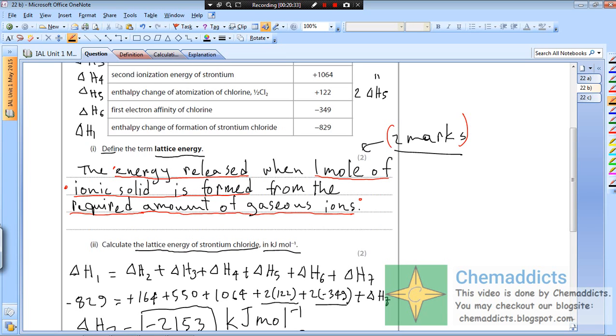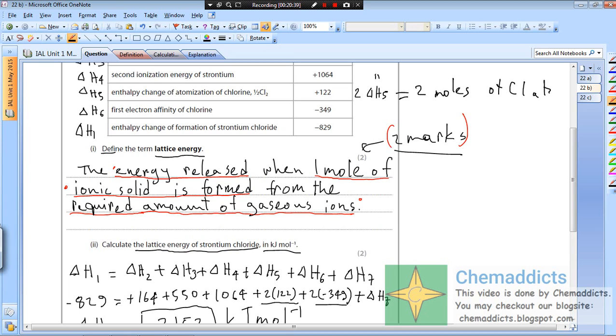Since 2 moles of fluorine atoms are formed, and this is for 1 mole of fluorine, we need to multiply this thing with 2. In here, since the value is given for 1 mole of fluorine atoms, we should multiply this thing with 2 also.